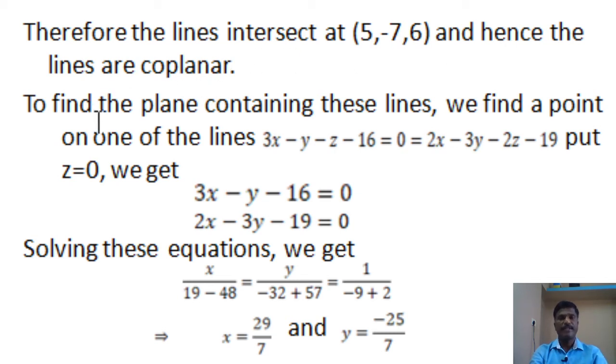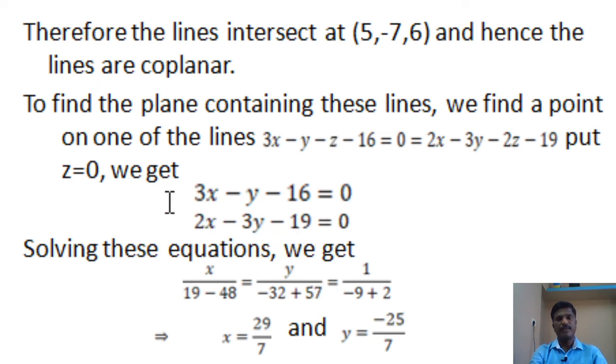Next we find the plane containing these lines. For that, we find a point on one of the lines 3x - y - z - 16 = 0 = 2x - 3y - 2z - 19. By taking z = 0, we get 3x - y - 16 = 0 and 2x - 3y - 19 = 0.